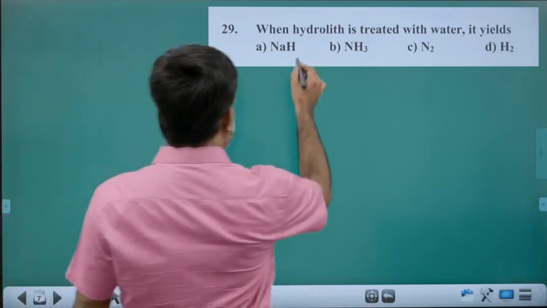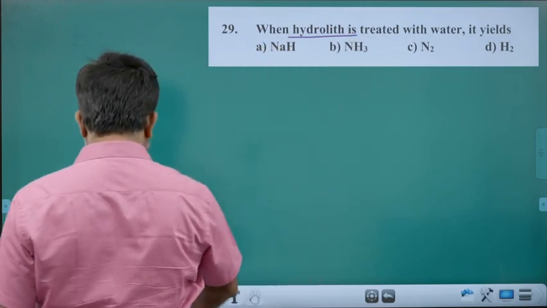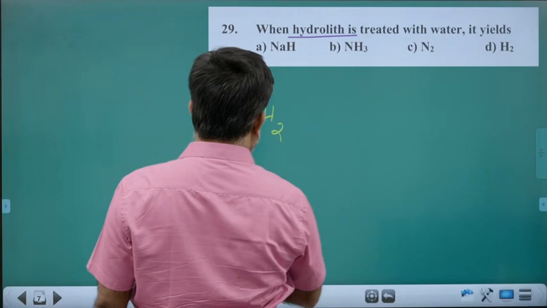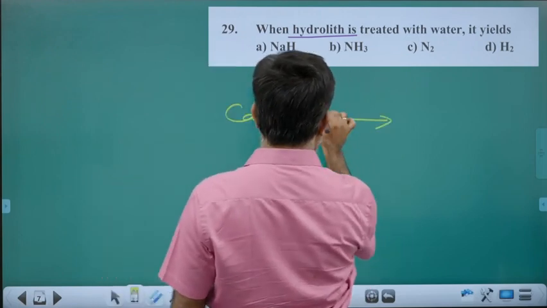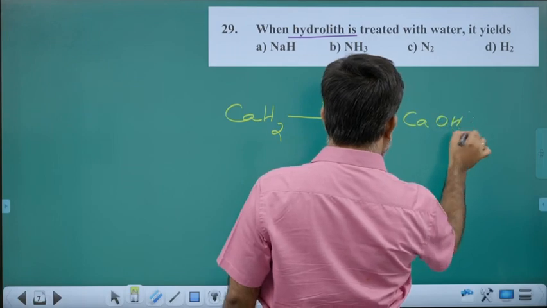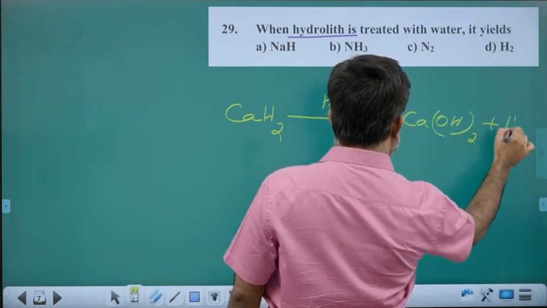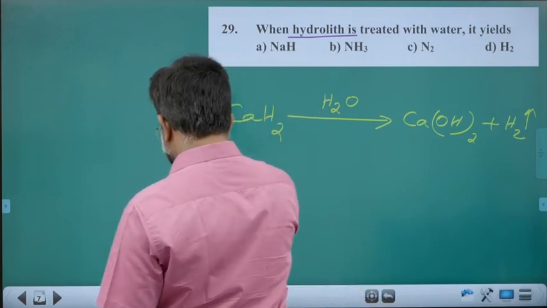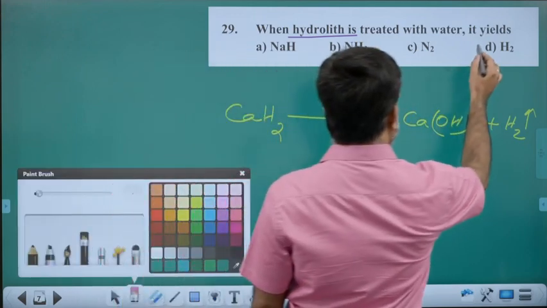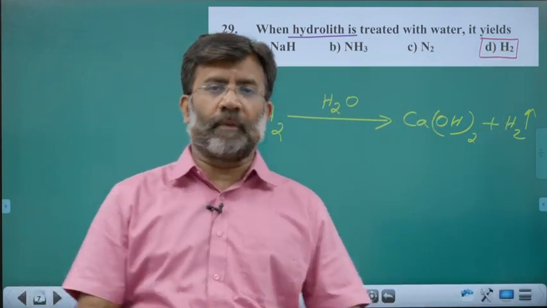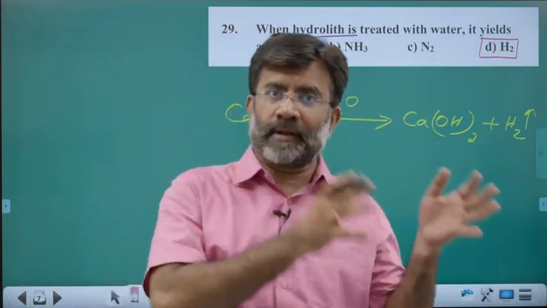When hydrolith is treated with water, it yields what? What is hydrolith? Hydrolith is calcium hydride. Calcium hydride, when treated with water, gives a vigorous reaction producing calcium hydroxide, liberating hydrogen gas. Option D. That probably is the method adopted for transporting hydrogen.